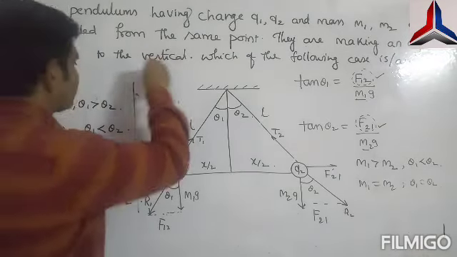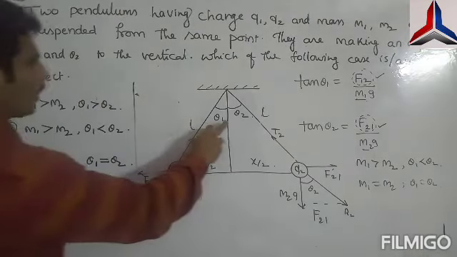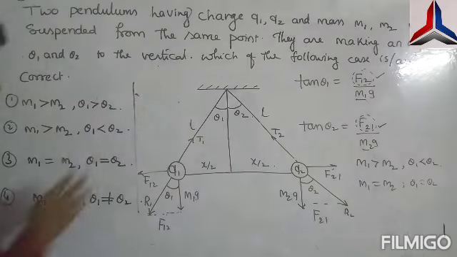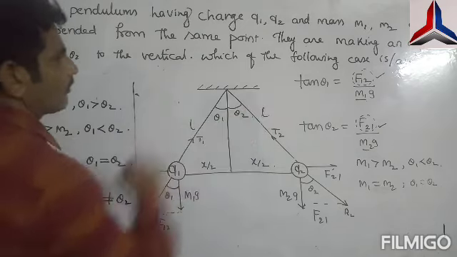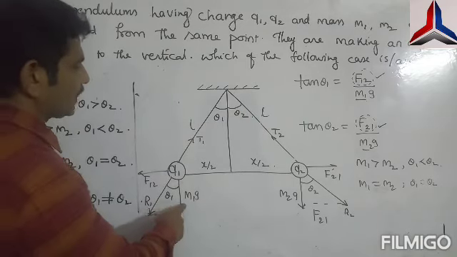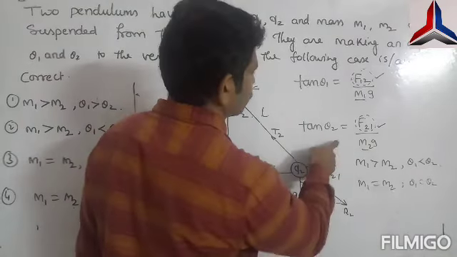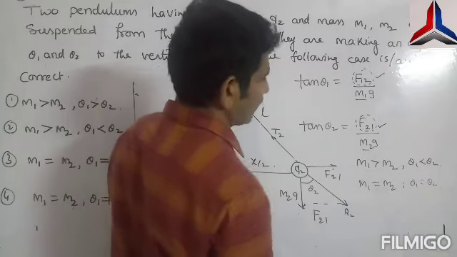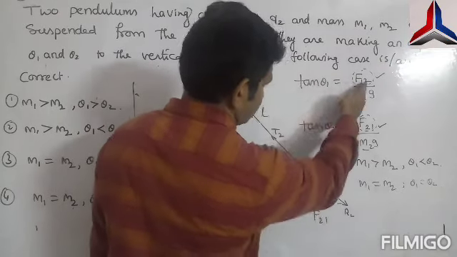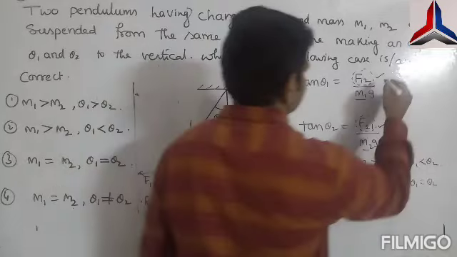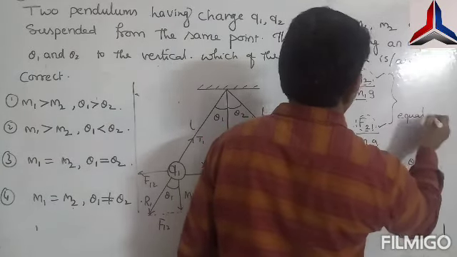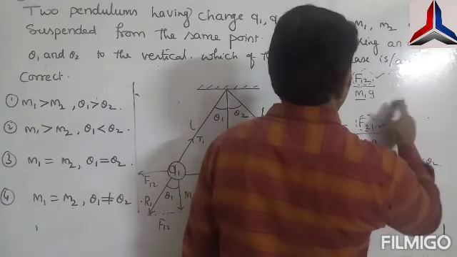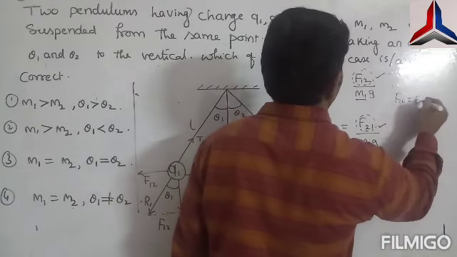For this problem, we want the relation between θ and m. Therefore you can take tan θ1 equals F12 by M1g, tan θ2 equals F21 by M2g. Since these two forces are equal, F12 is equal to F21.